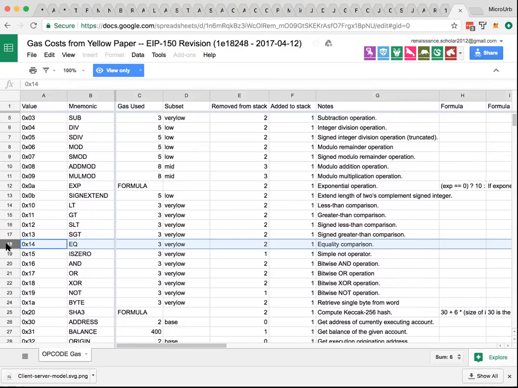So how does this gas get executed and applied to a transaction? And what is gas anyway? So I'm going to pull up a diagram to explain that.